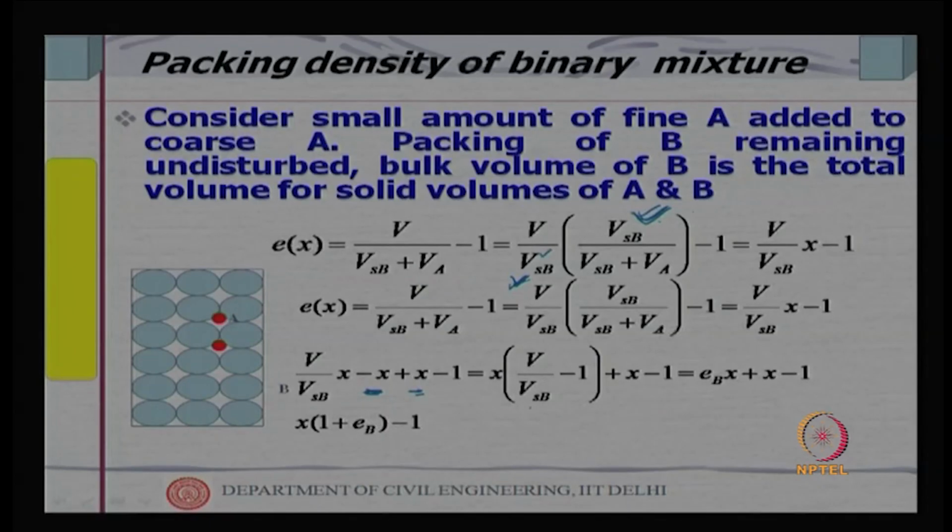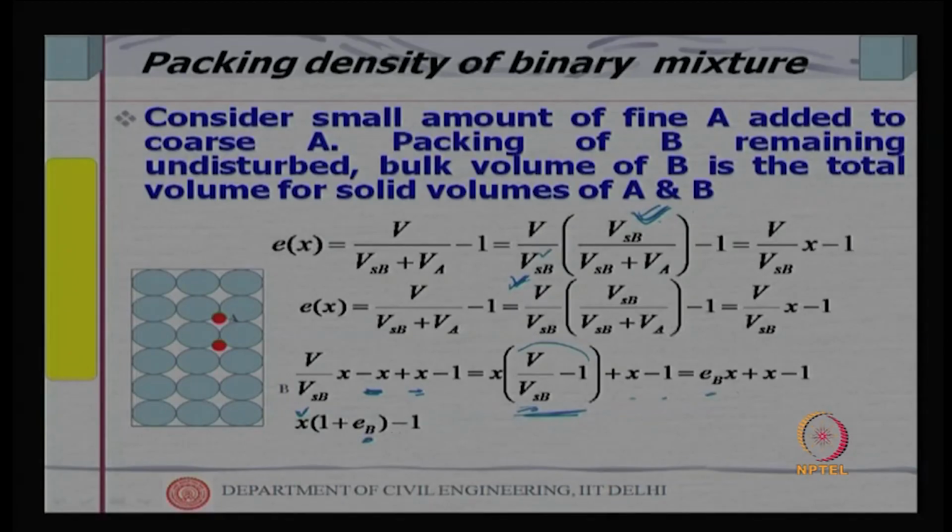So, I will have V by VSB minus 1, because this is what I want to get, which is nothing but the EB, void ratio of B alone. So, I wanted to get void ratio of B alone, and for that I must subtract x out of this. So, x if I take common, I get like this, and this is x minus 1. So, what I get is EB x plus x minus 1, or I can write that x into 1 plus EB minus 1, that is again linearly related to x.